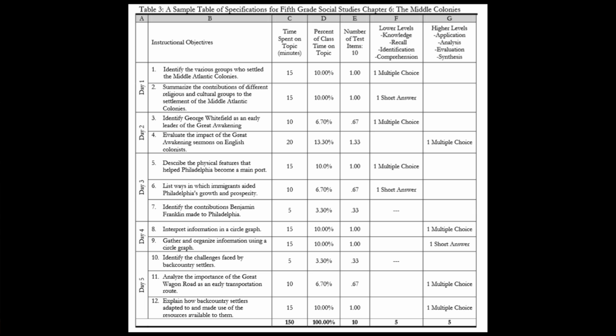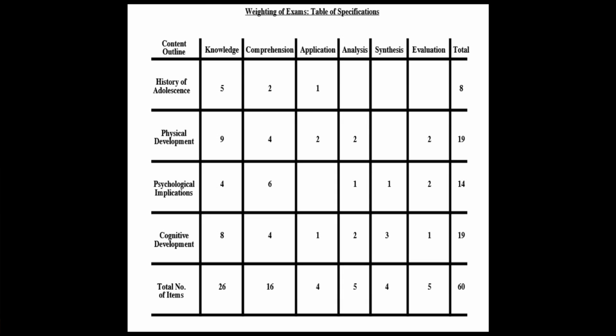Percent of time on the topic, number of test items that should address that proportionately, and the type of test item. Is it a lower level or is it a higher level? Okay, this is another way to address this table of specifications. You see the content outline on the left side.